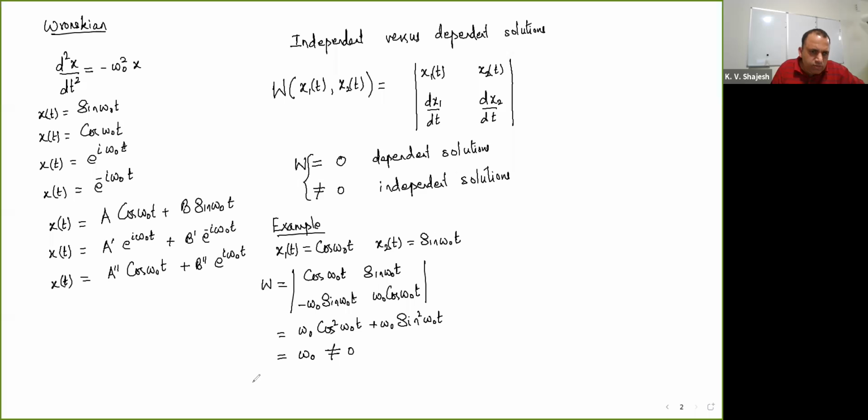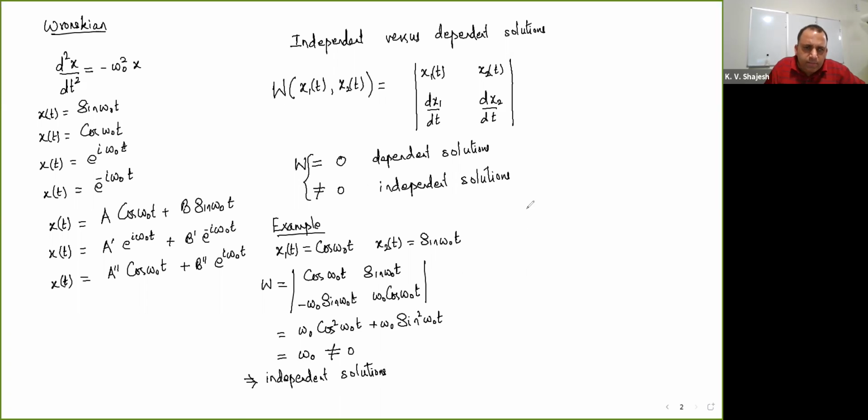So that implies that cosine and sine are independent. Remember, if the Wronskian is not equal to 0, that means it's an independent solution. So they are independent solutions.